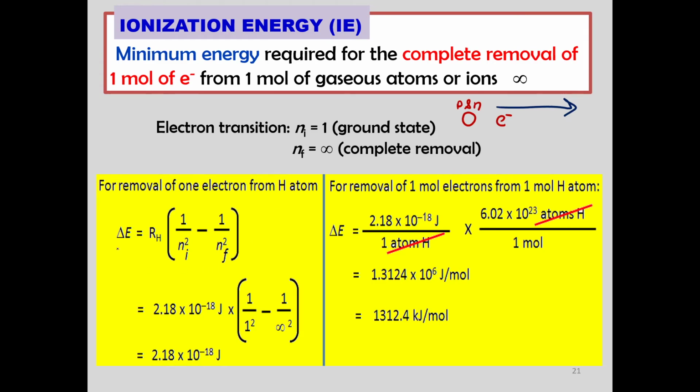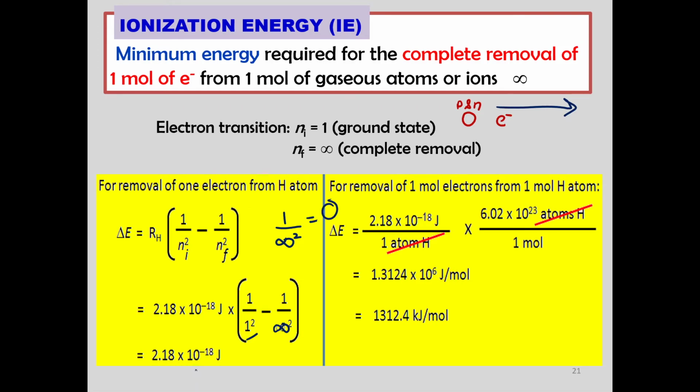So the calculation is the same as before, just that the initial energy level is 1, the closest. And then we want to pull it out completely, which is infinity. For infinity, if you want to know, 1 over infinity squared, 1 divided by a huge number, and then we square this huge number, we can treat this as 0.